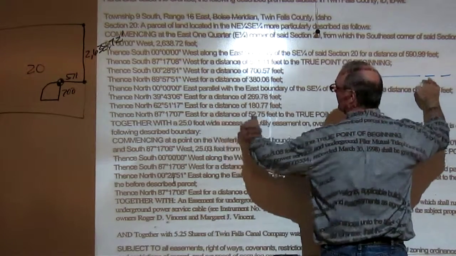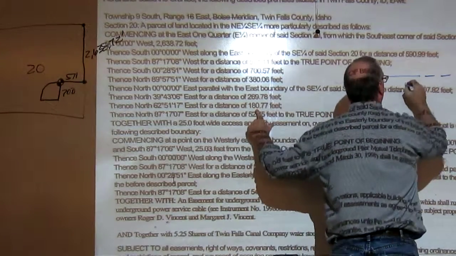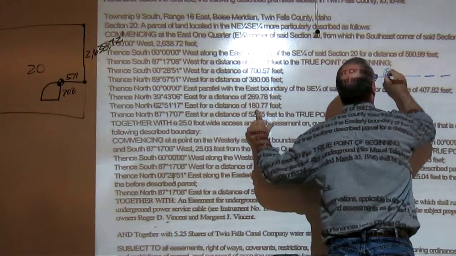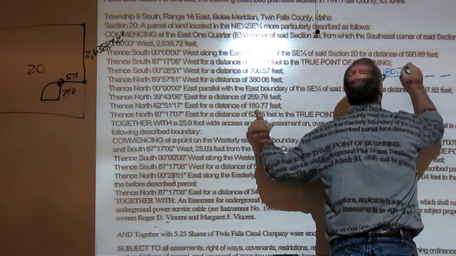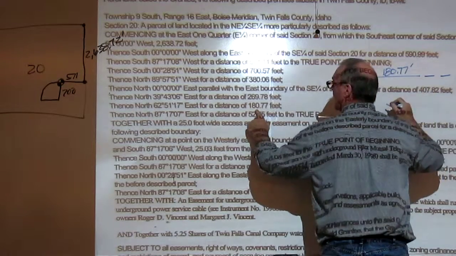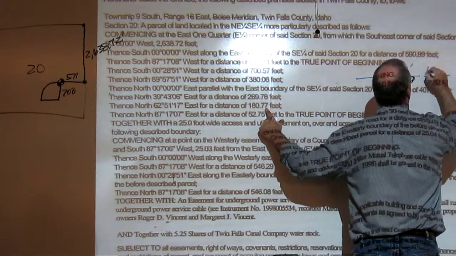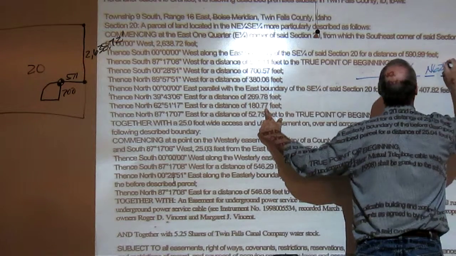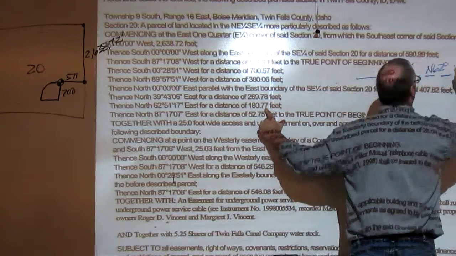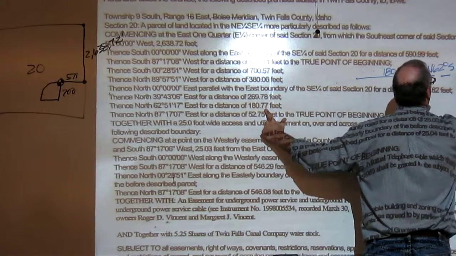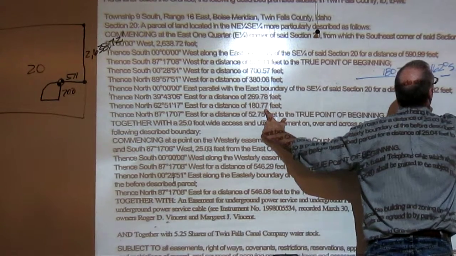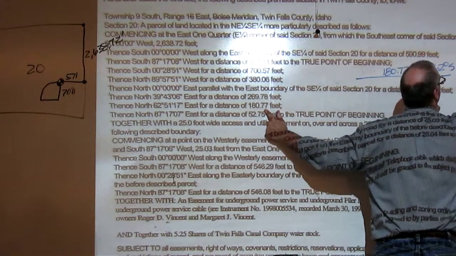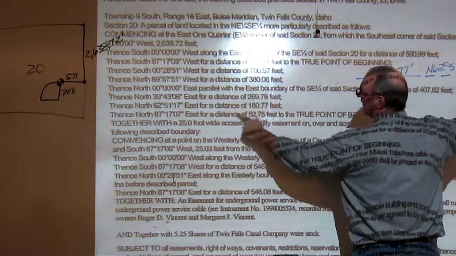So if I was drawing this one, I would label this as 180.77 feet, and then I would put my angle: north 62 degrees, 51 minutes, 17 seconds, and which way am I going from there?